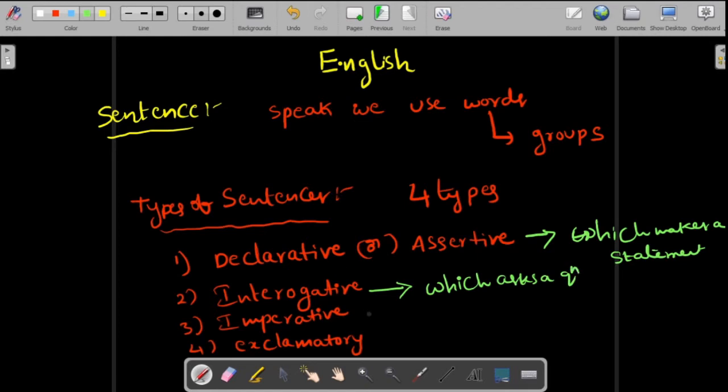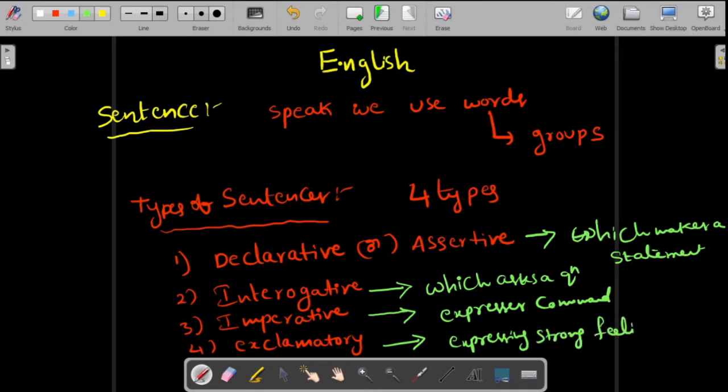Whereas imperative sentences are those which express command. Whereas exclamatory sentences express strong feelings. These are the four types of sentences which we use in our daily lives.